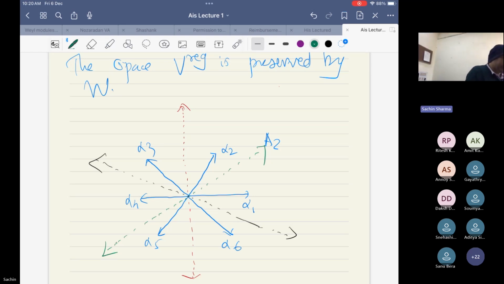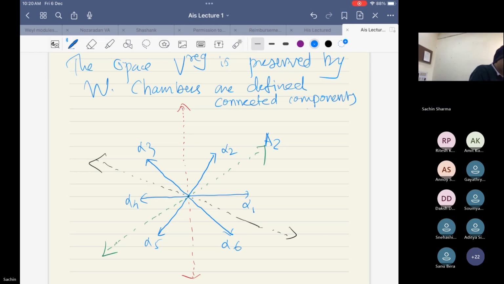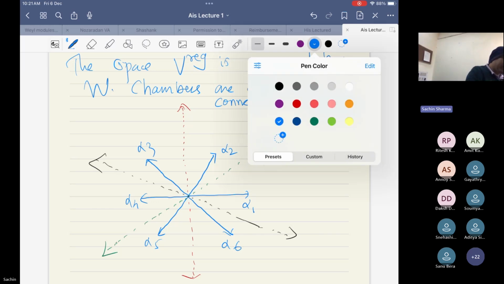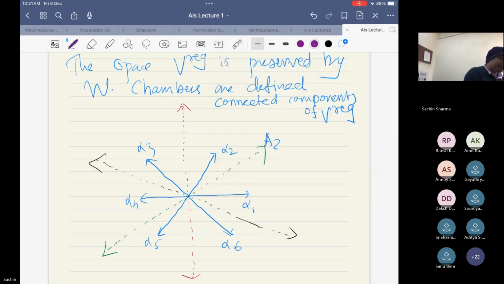Now, what are the chambers? The chambers are defined as connected components of V regular. So here, what are the chambers?